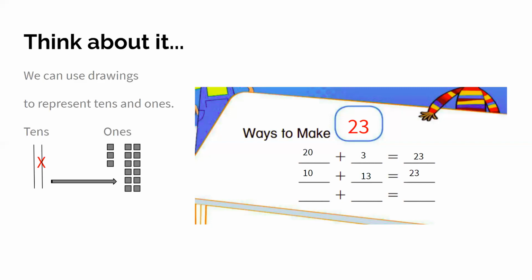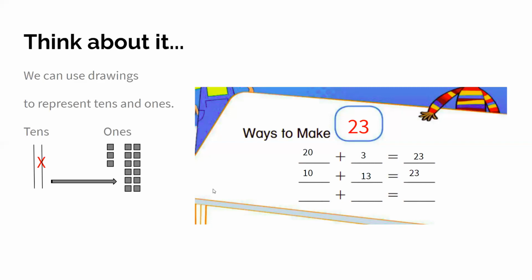Now, there might be some friends out there thinking, well, Mrs. Murch, I could make 23 by adding 11 and 12. You could. But if you had the number 11 here where the 10 is at, you would be saying that there would be a different number here than what is actually over here.